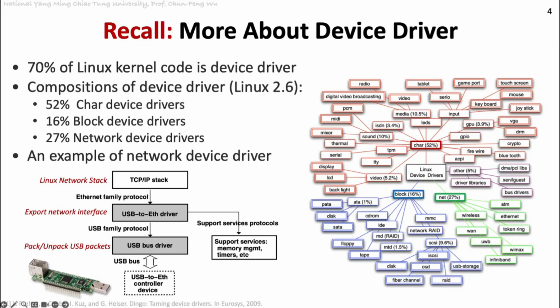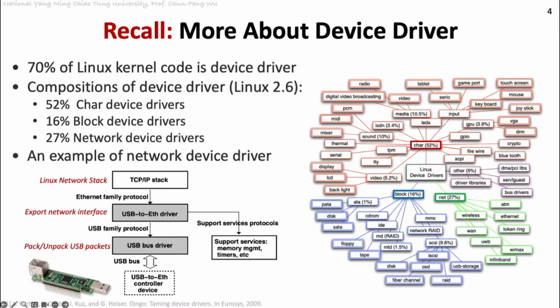If you still remember, we mentioned that the device driver communicates with the controller on the device. We say there's a PCIe controller, there's a USB controller. Usually they are on the motherboard, because the motherboard is the place you plug in your device.